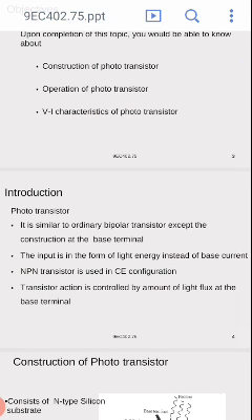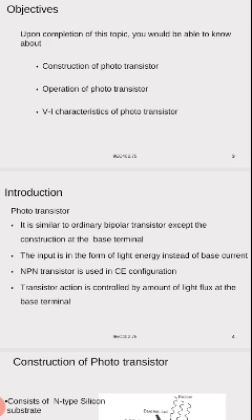Generally, the transistor is operated when input base current is applied.